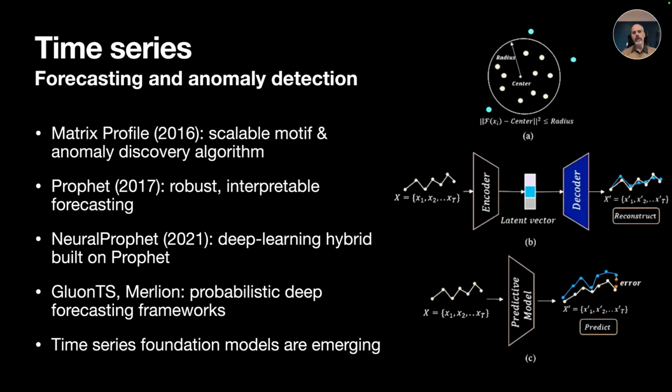I'm mentioning that name because it's the same group that developed the matrix profile. Now that's a really cool non-AI motif and anomaly discovery algorithm that just kind of came up in the same time since I last looked at the field.